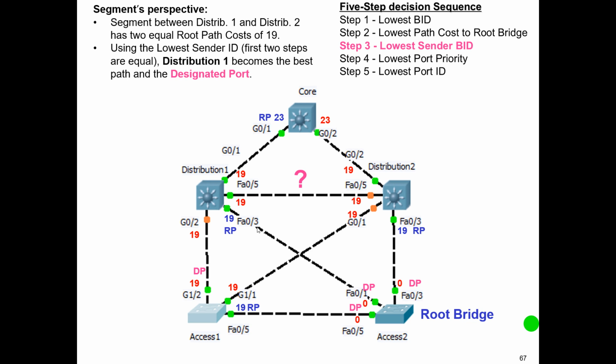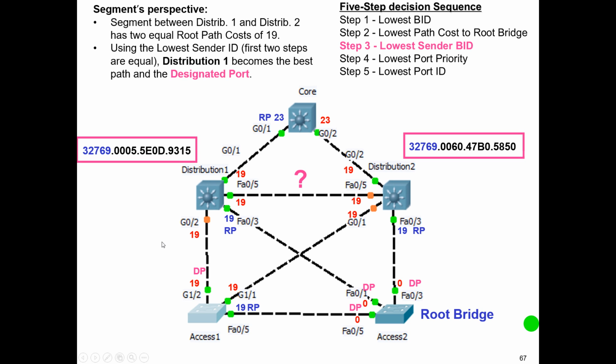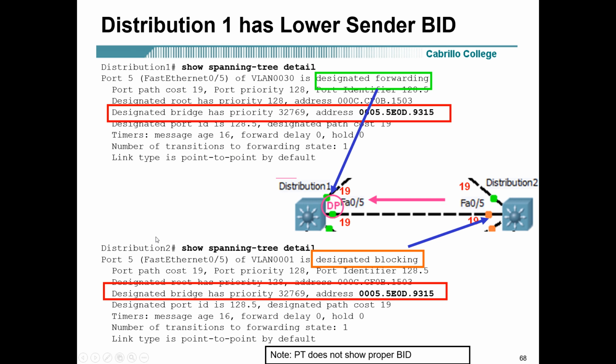So, what about between distribution 1 and distribution 2? Using, again, the lowest sender bridge ID, we're going to notice that distribution 1 has the lowest ID. So that will become a designated port. Same concept here. That will be forwarding, that will be blocking. That will actually be also known as a non-designated port, NDP, and it will not forward traffic out that way.